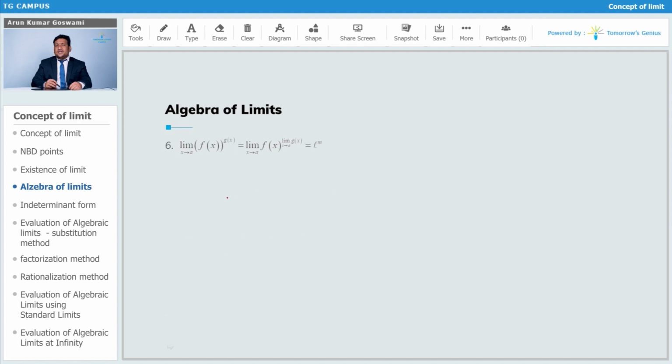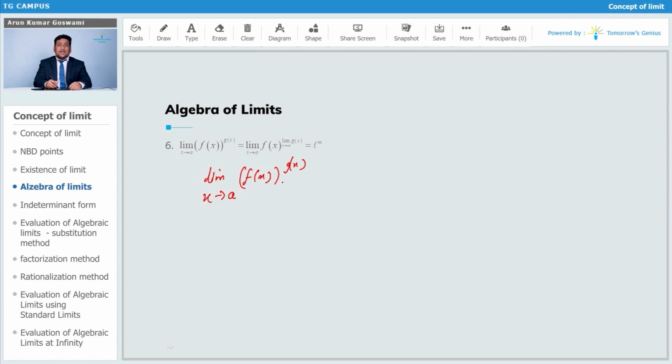First we'll discuss this thing where we have power. Okay, variable power. So what we have here is limit x tends to a f of x whole to the power g of x.